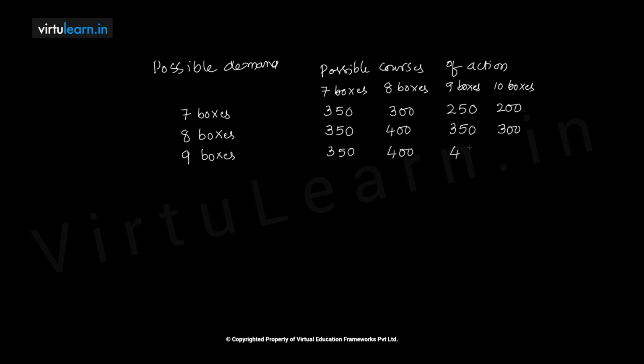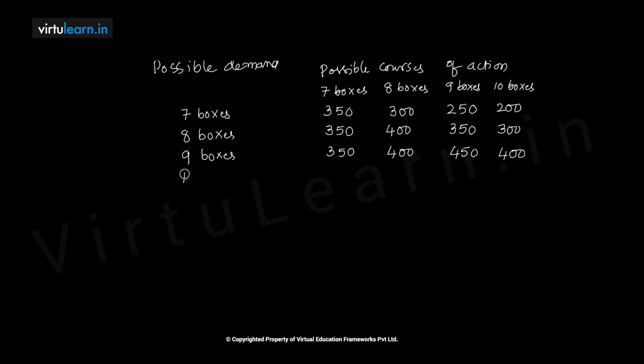Here it is 450 rupees. 9 boxes brought, 9 boxes sold, so 9 into 50. Here 400, because the vendor brought 10 boxes, 1 box is wasted. So that is a loss, 450 minus 50.